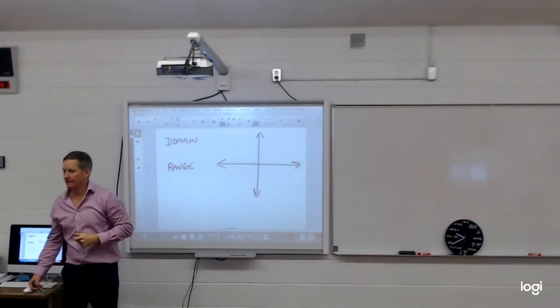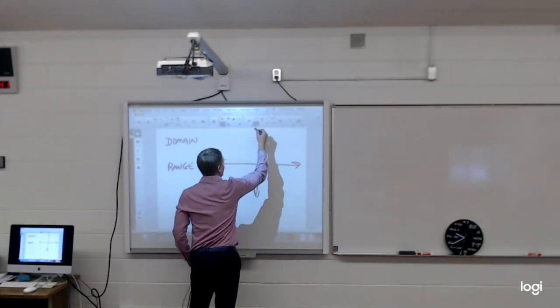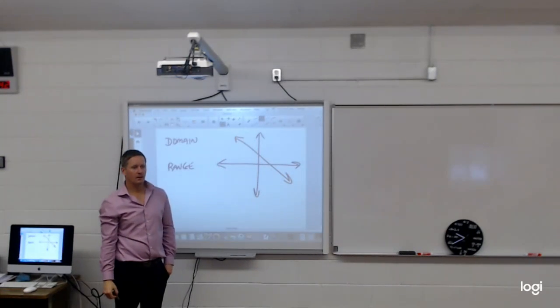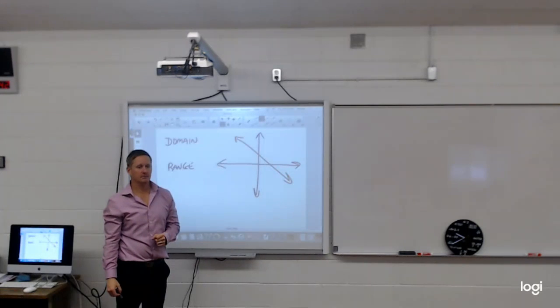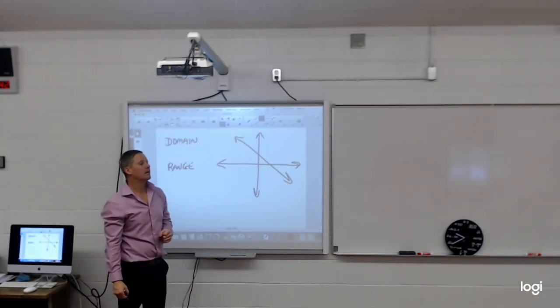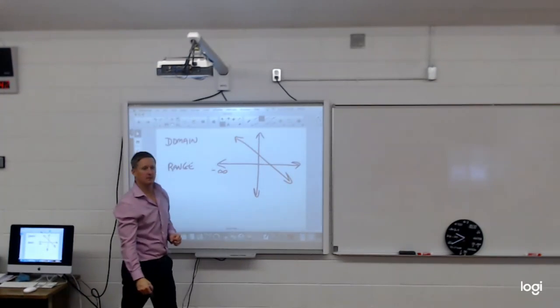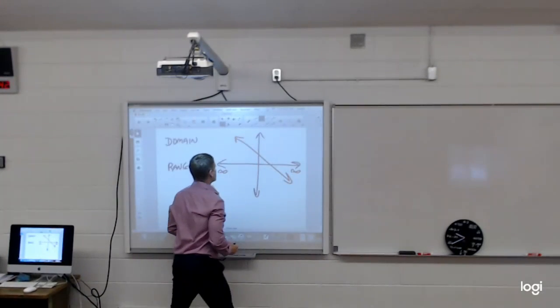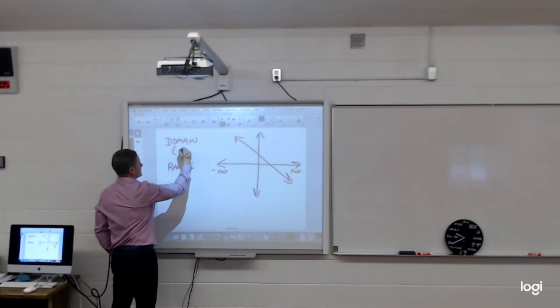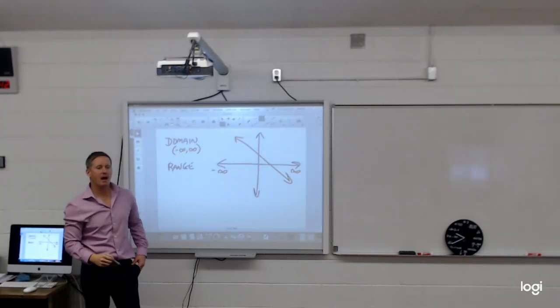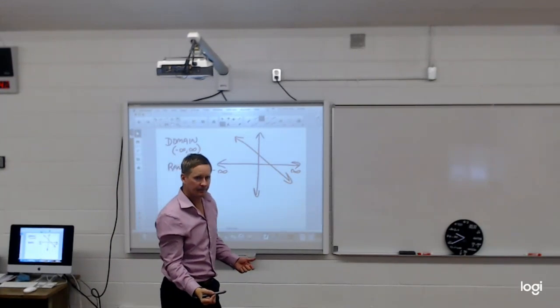Now, if I draw a line on here, how far left is it going? Negative infinity. How far right is it going? Positive infinity. So one of the ways we could write it is negative infinity to positive infinity, with round brackets, because it's not including.